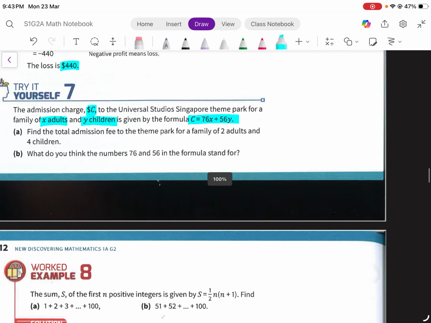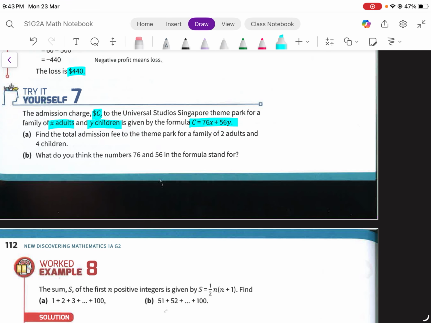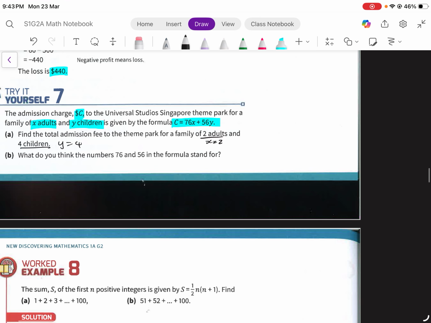Okay, so you already know that from here, 2 adults means what? X is 2. 4 children means Y is 4. So the total admission fee equals 76 times 2, because X is 2, plus 56 times 4.